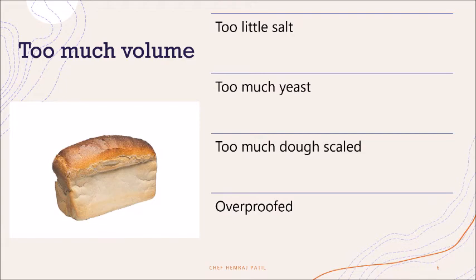So you need to take exactly the quantity of dough that is required. The last one is overproofing, right? If the dough is overproofed also, then it will rise the dough undesirably more.